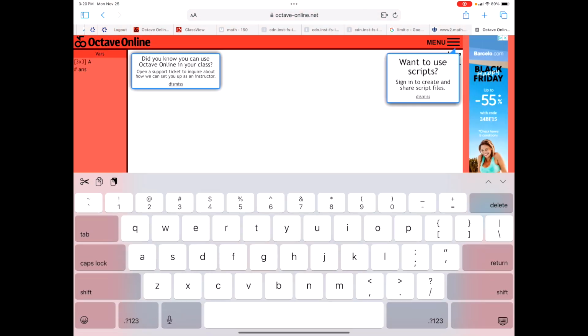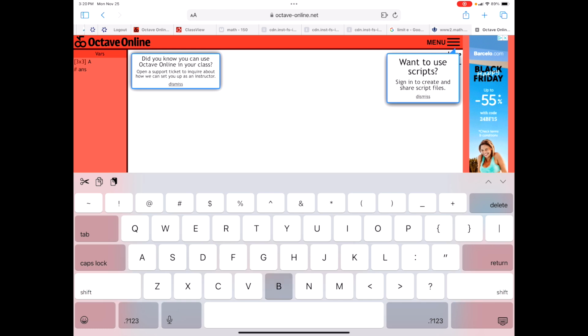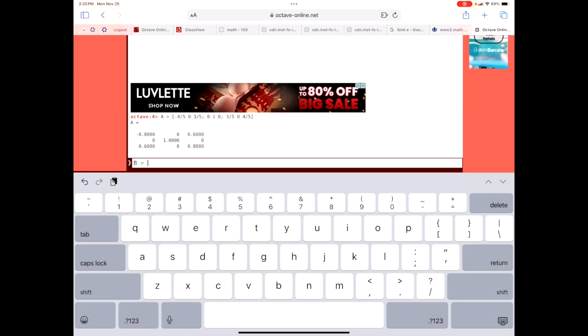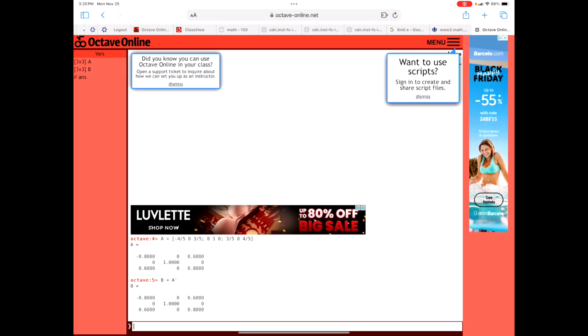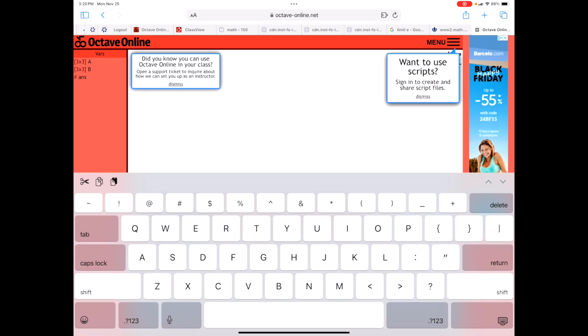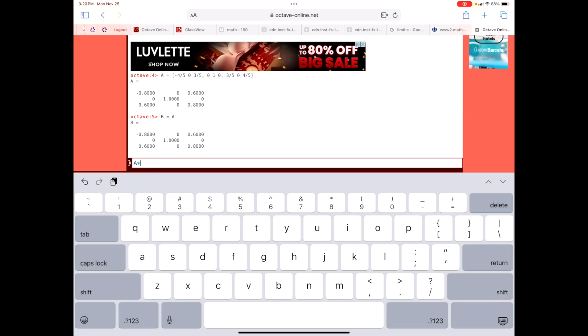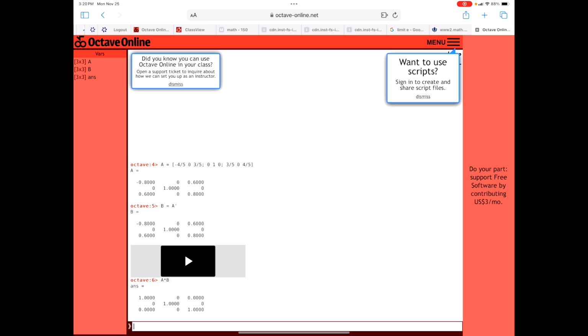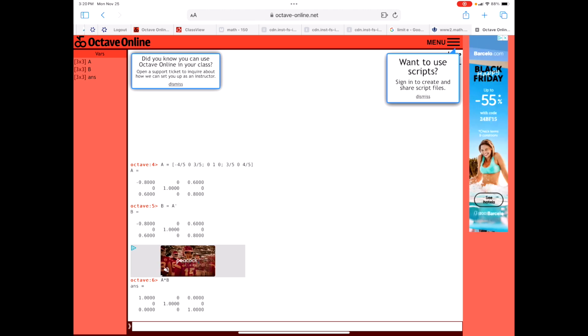And then here we're going to let B equal A transpose. Notice we get the same matrix, but that's okay. And so what we want to know is that if I take A times A transpose, which I named B, what do I get? And look, we got the identity matrix. Groovy?